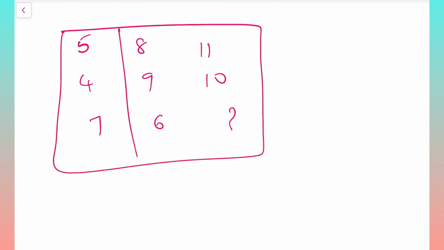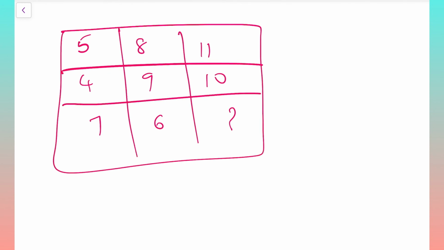Next question. 5, 8, 11, 4, 9, 10, 7, 6, something. Okay, first as usual, I'll go with the addition of the numbers in the columns.